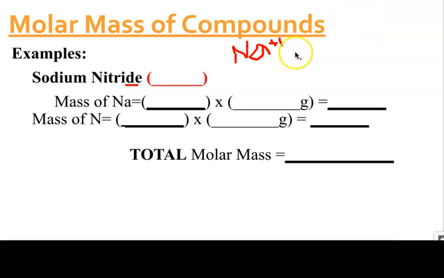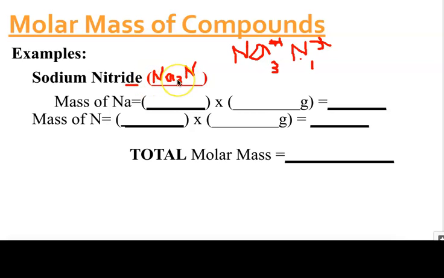It's just nitrogen, N. And nitrogen has a -3 oxidation number. They're going to crisscross. And my formula then is going to be Na3N. And it's hard to fit in this box, but there it is.